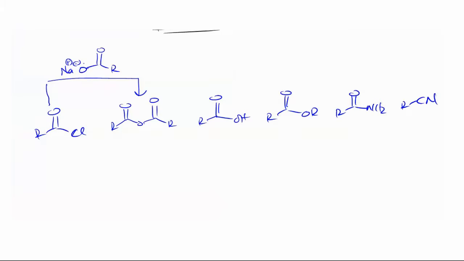If we drop this in, we can create the anhydride, because this group right here is just going to substitute this group here, and we would create this. And this one is just hydrolysis, right? We can do that with H2O.